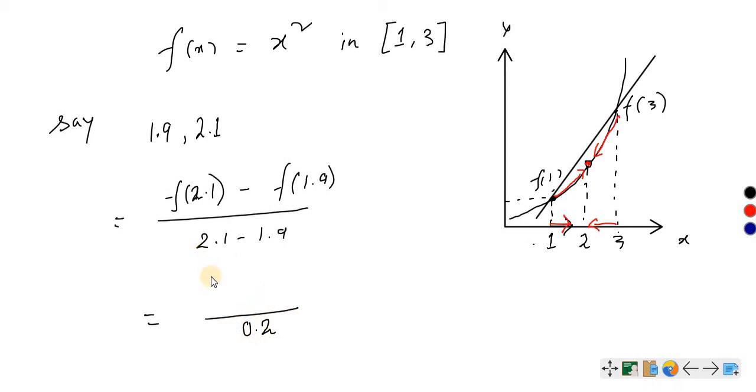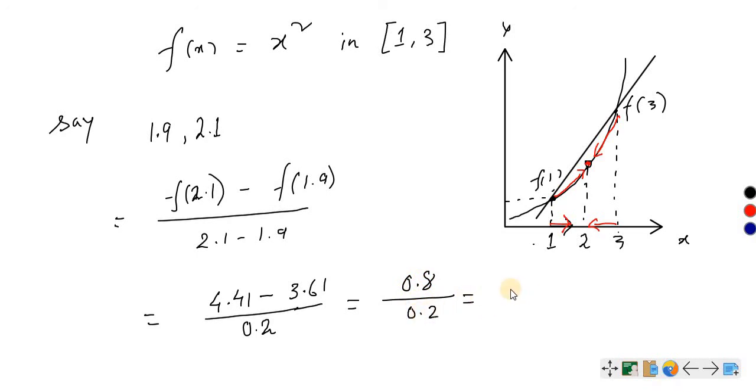And at the top, what we are going to get, if you just use a calculator, I am using the calculator here and directly writing the value, that is 4.41 minus 3.61. If you take the difference of these two, we'll be getting here 0.8, and it is 0.2.